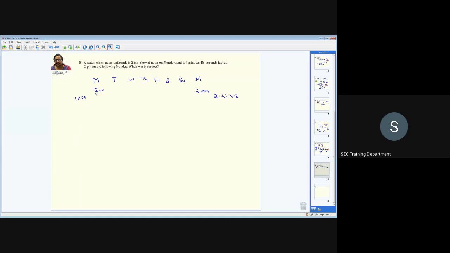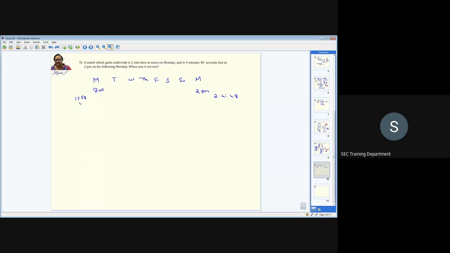See, Monday 12 o'clock, and then they have given the following Monday 2 p.m. They're just comparing these two timings. So you have one clock which is going to show 11:58 on Monday 12 o'clock. That means it is lagging, right? You have fixed it at 58. It is lagging at that point. But is this clock a gaining clock or a lagging clock? Tell me.